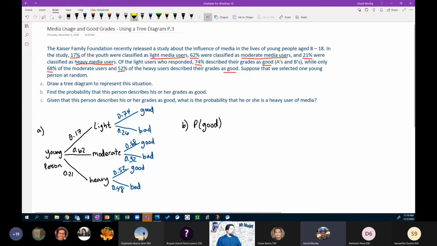If we're going from light media users, that's one way. Moderate, another way, and heavy, the third way. So we're going to be adding up these 3 chunks to get to our probability.